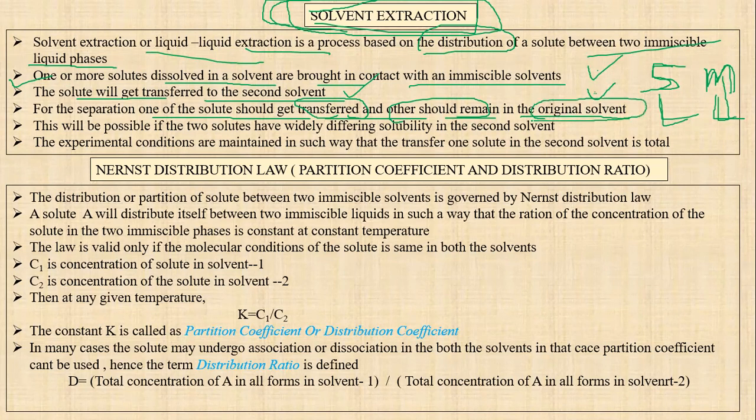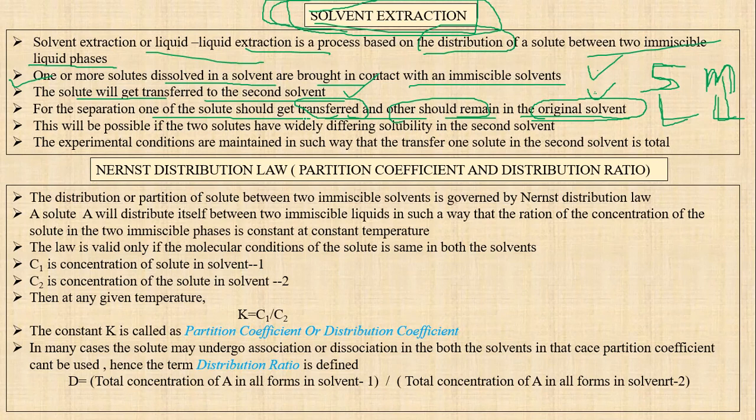As I have told you in SYBSc only, this is how we separate the solute present in the aqueous phase. This technique is used basically after completion of a reaction in organic chemistry.